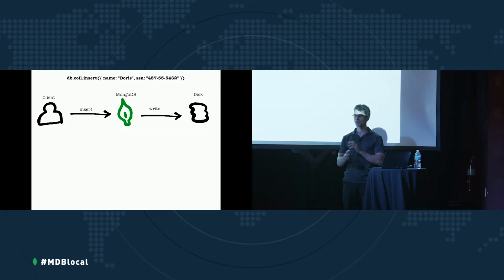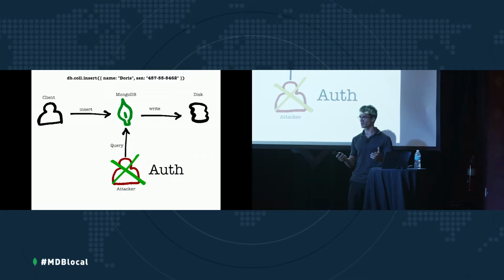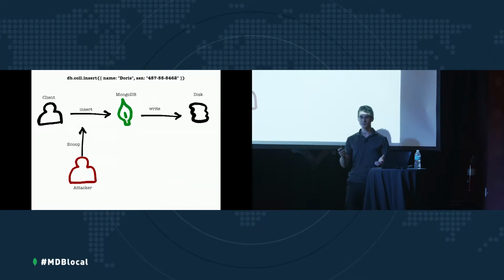What are some basic attacks somebody could do if you didn't have any auth or any encryption enabled? Well, if you had absolutely nothing, the simplest thing is if an attacker knew your host name, they could simply connect to your MongoDB and query the collection for the SSN. Obviously, enable auth. Maybe a little bit more subtle is they could snoop the network traffic between your client and MongoDB and get the SSN from the insert command because it's sent in plain text.